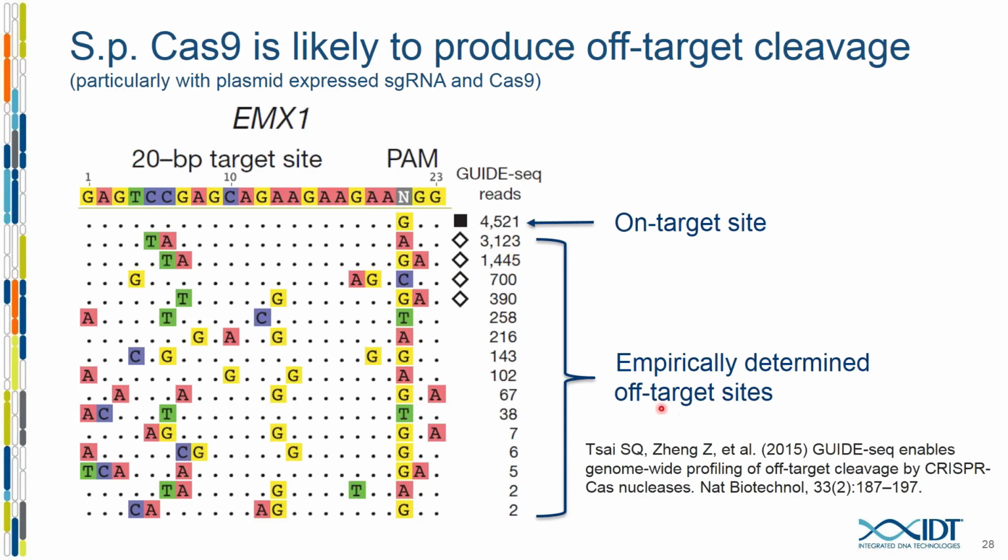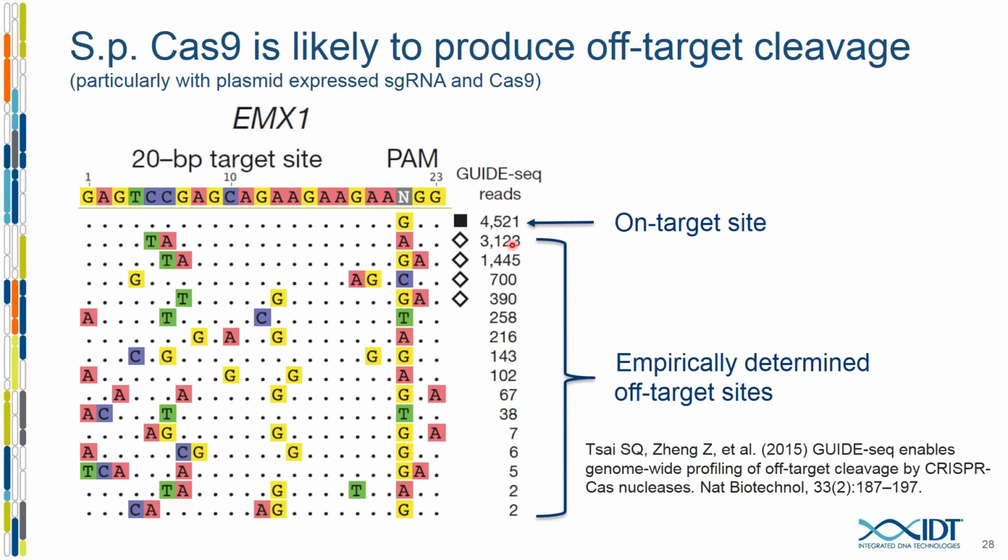So we've gone on to use GuideSeq to identify what these sites are, and then use a proprietary multiplex PCR coupled to NGS sequencing approach to quantitate the frequency of editing at each of these different sites. So far, we've done this in-house with the EMX1 guide that's been described in the literature, and I'll show that data today. Eventually we're going to publish this information, and we'll have a variety of different guides tested with this sort of comprehensive analysis.